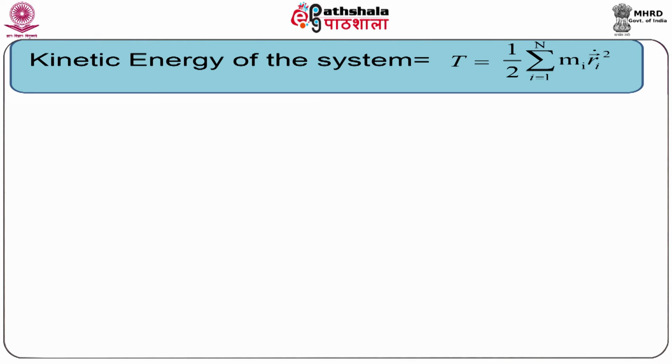Now let us calculate the kinetic energy of the system. Kinetic energy of the system is denoted by capital T, which is half into mass into the square of velocity. Ri vector dot is the velocity, so we get T equal to half summation over i of mi Ri vector dot its square.